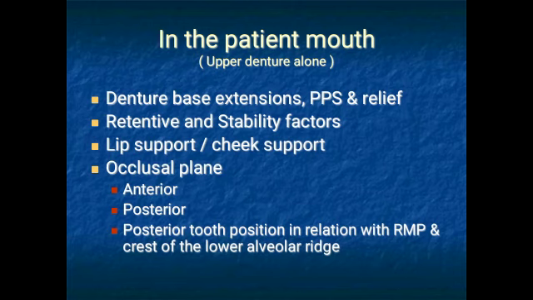In the patient upper denture alone, you have to check the same as lower: denture base extensions, posterior palatal seal and relief area, factors like retention and stability, lip support and cheek support, both anterior and posterior occlusal planes, posterior in relation with RMP and crest of the lower alveolar ridge.